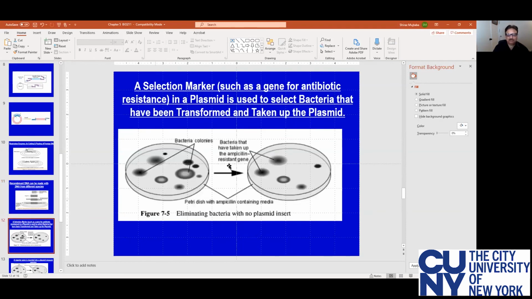And then this could be scaled up by selecting those bacteria which have the antibiotic resistance gene. The concept is that let's say you take a bacteria which has only the main DNA, with no plasmid DNA.